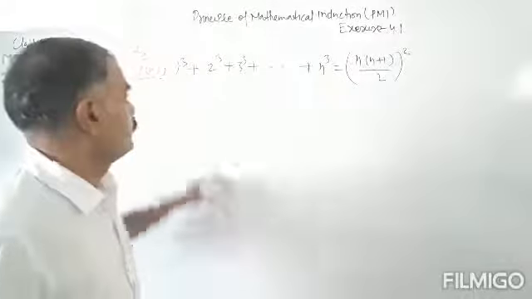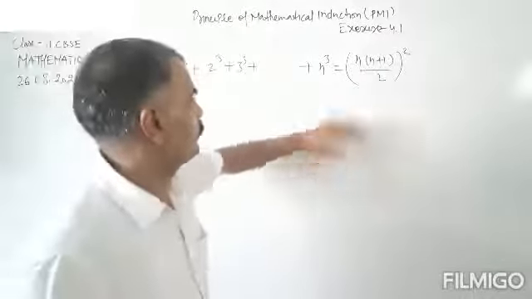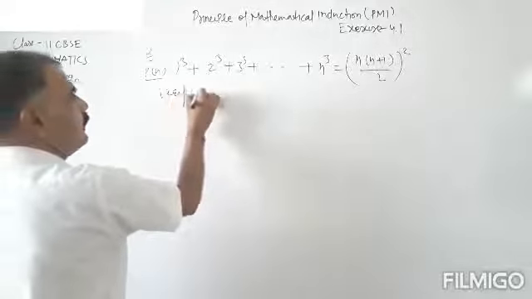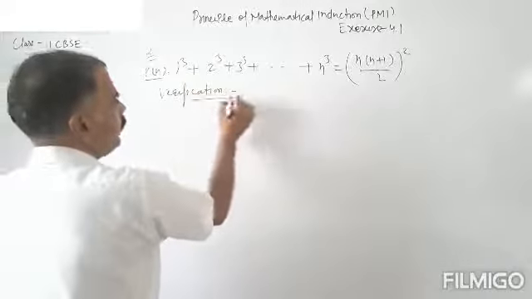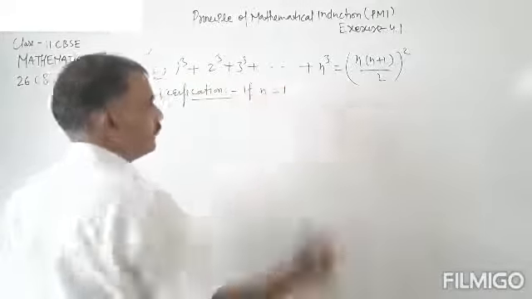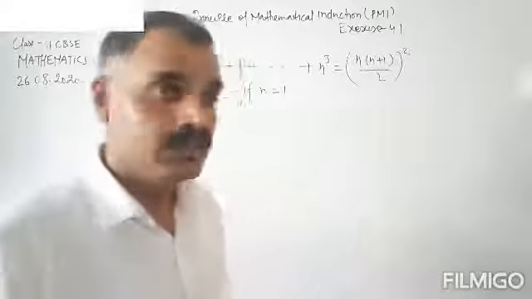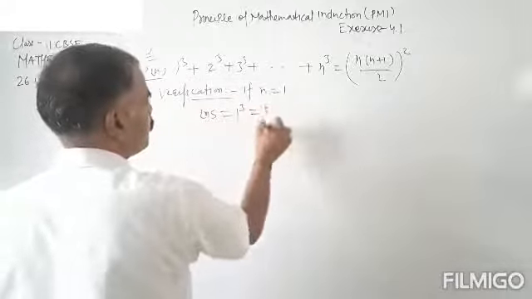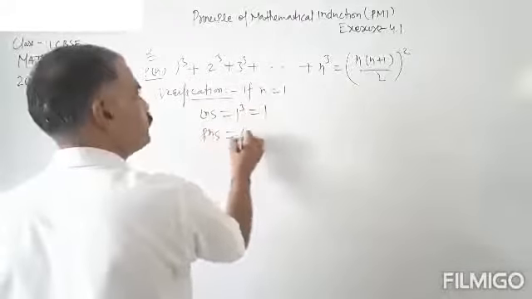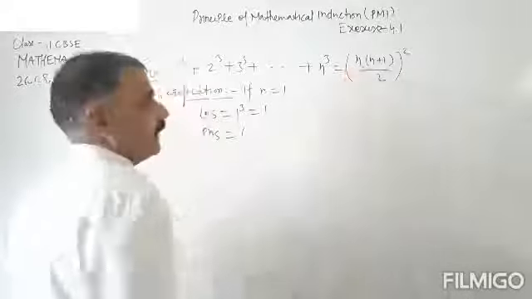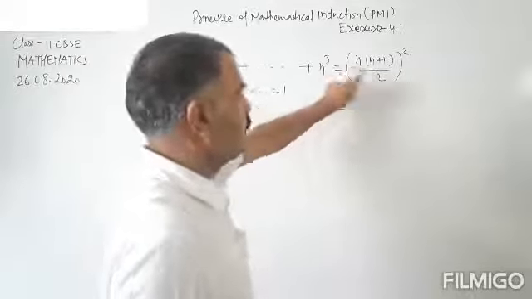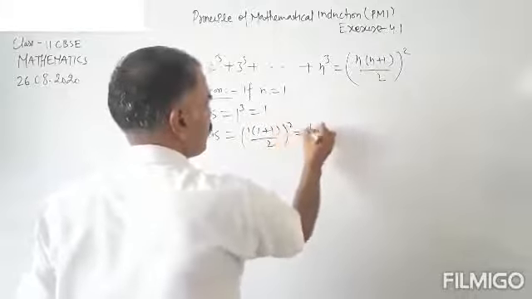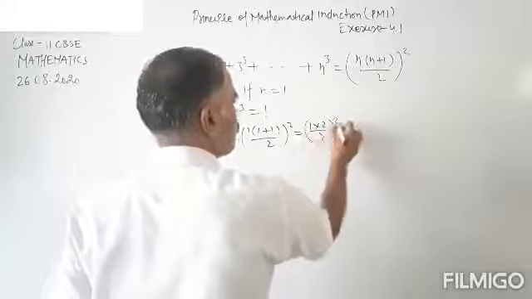So first of all, the first step is verification. In verification, if n equals 1, it means only one term. So the left hand side is 1 cube, that is 1, and the right hand side, putting n equals 1, is 1 into 1 plus 1 by 2, whole square, equals 1 into 2 by 2, whole square, that is 1.